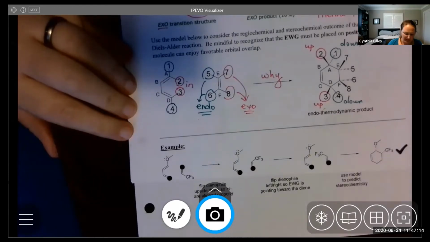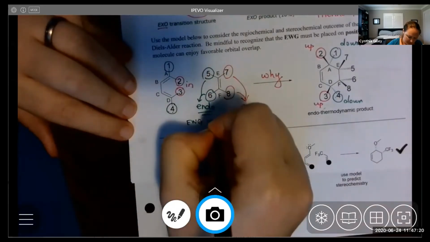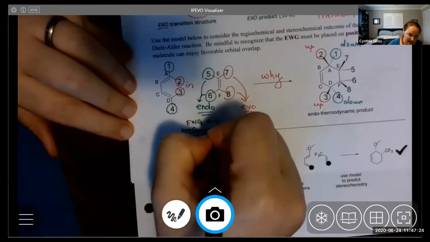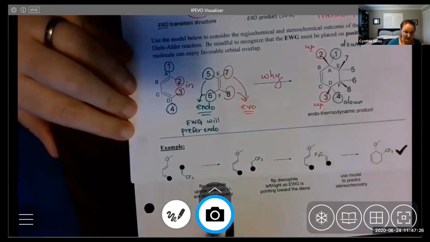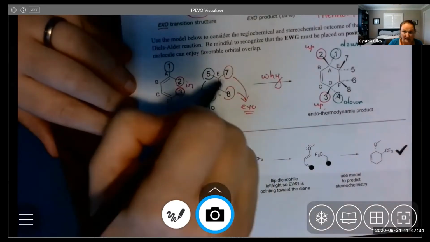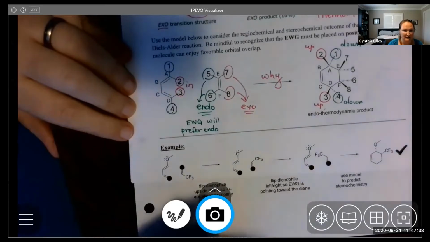What do we know about the electron withdrawing group? Any electron withdrawing group will prefer endo. So when we're aligning things, we'll make sure that we understand that it's going to be preferring endo. And that means that hydrogens or something else, not an electron withdrawing group, will be exo by default.